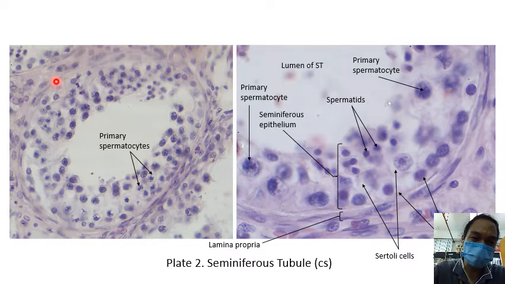So focusing on one seminiferous tubule and enlarging it, we can see that this is the basement membrane where the epithelium actually lies on. So this one is a seminiferous epithelium.